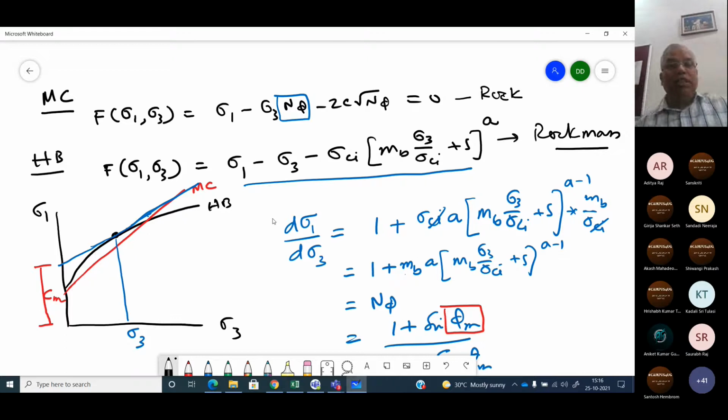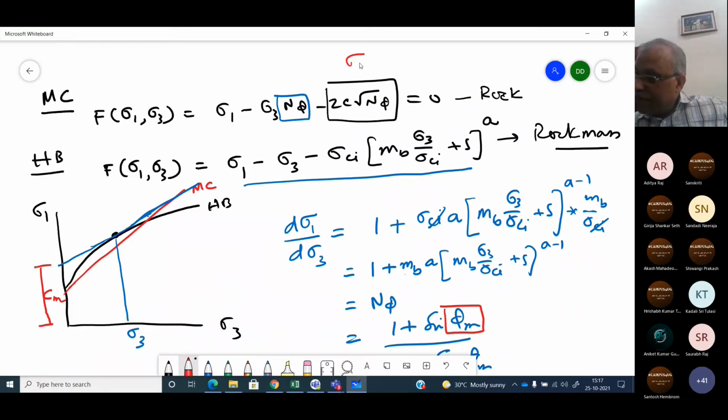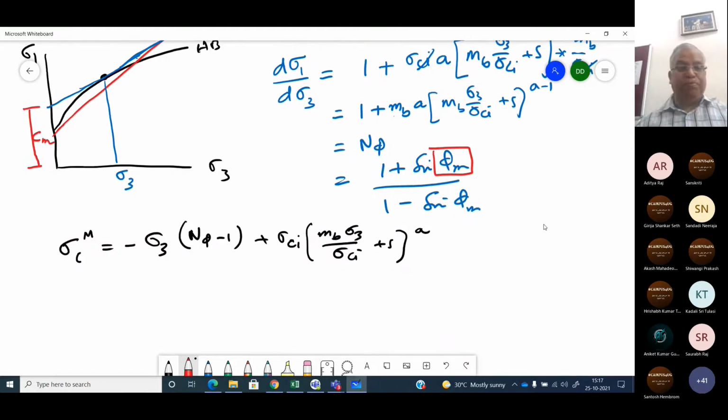So this value we are replacing here. Is it so? Yeah, right. So this is basically sigma Cm. This is what I'm calling sigma Cm. So this I'm replacing here, and when you replace that, you get this.